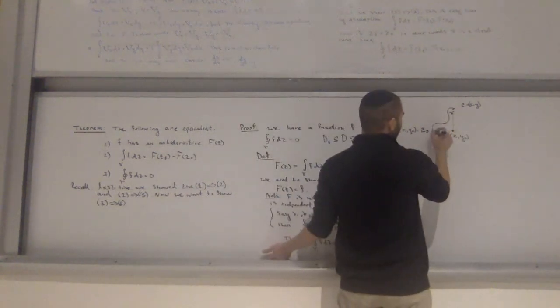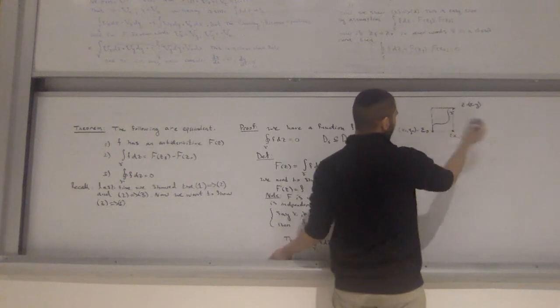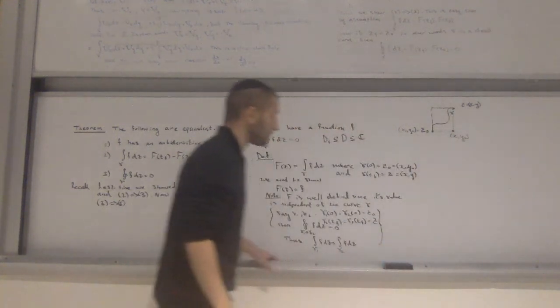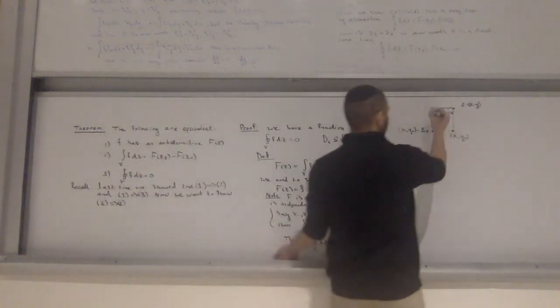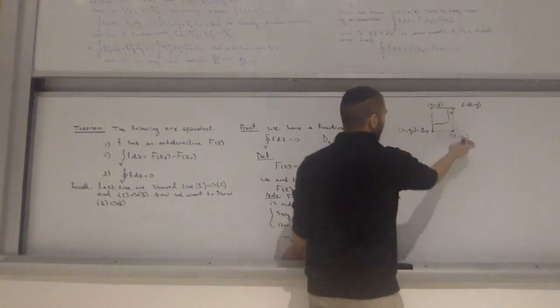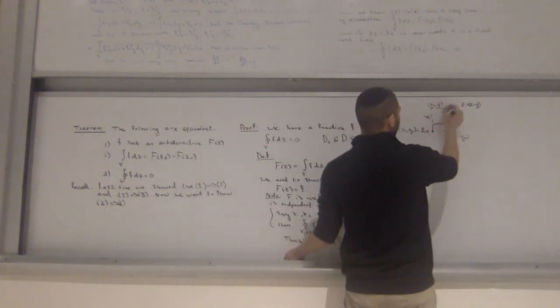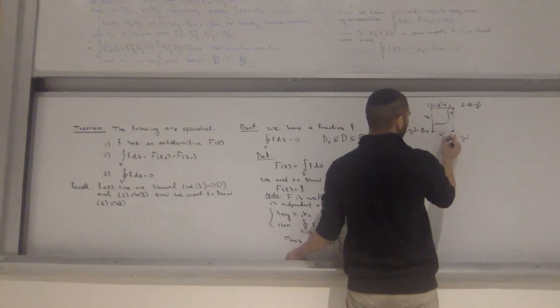And the second curve will do a similar action, but along the vertical direction. So this coordinate is x naught, y, as opposed to x, y naught. We could name these. This will be gamma 1, this will be gamma 2, this will be gamma 3, this will be gamma 4.